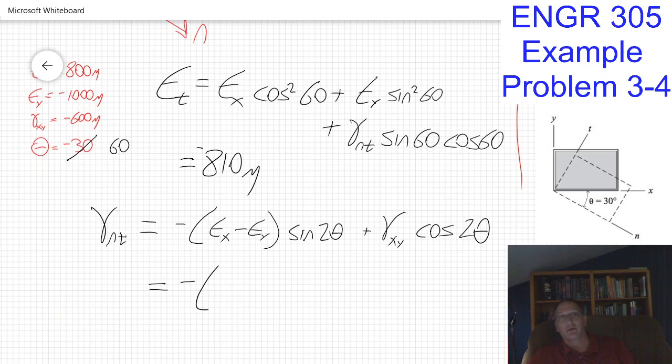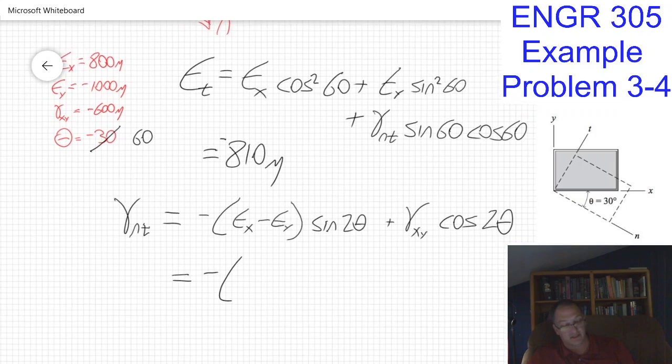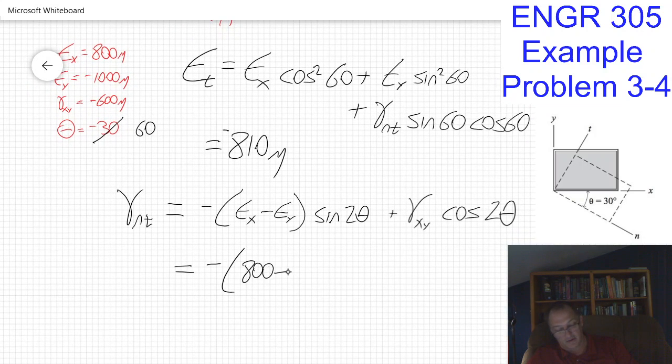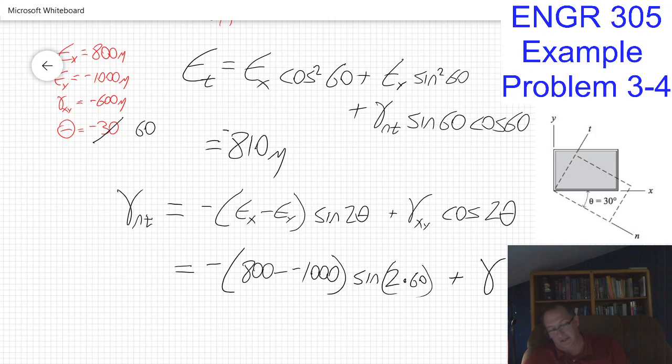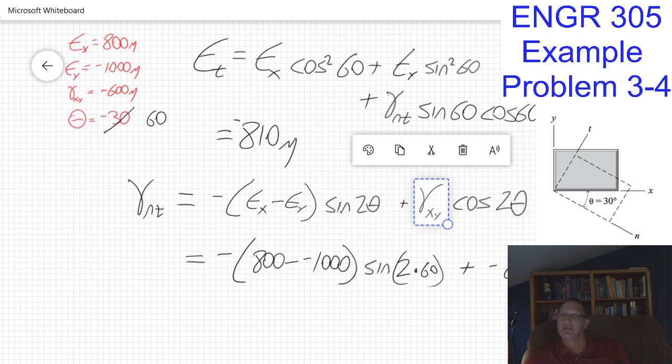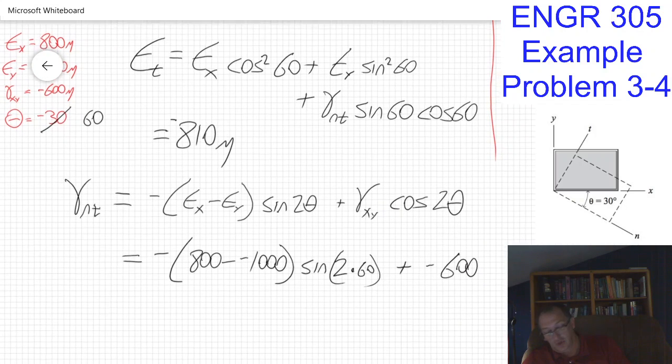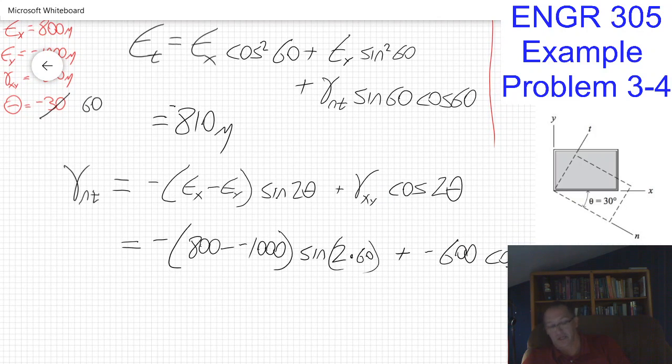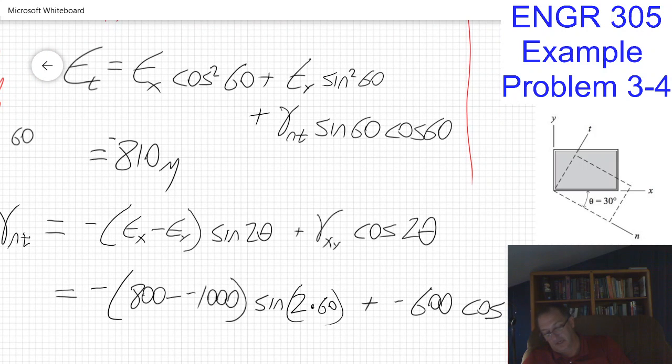The strain in the x is 800 minus a negative 1,000 times sine of 2 times 60, plus the shear strain value, which is minus 600 times cosine of 2 times 60, or I could have put just 120 because I can do that math.